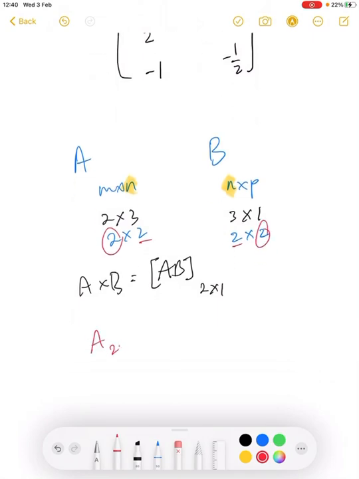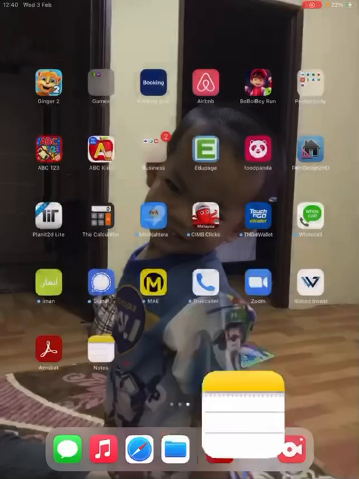So A 2 by 2 times B 2 by 2, you're going to get a matrix AB of order 2 by 2. Okay, remember, just now we have 2 by 3 and 3 by 1. So the order is 2 by 1, the product. Okay, so this is important. Okay, so let's get back to our notes.